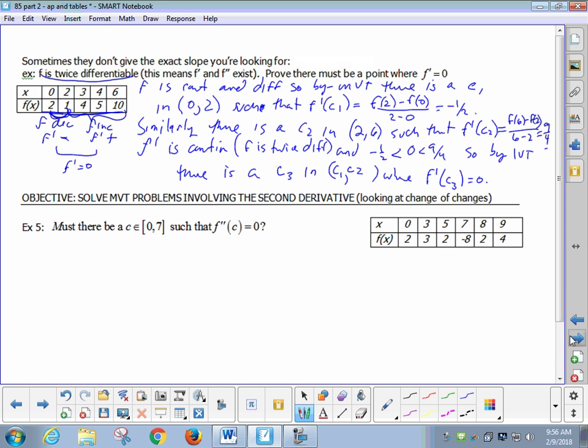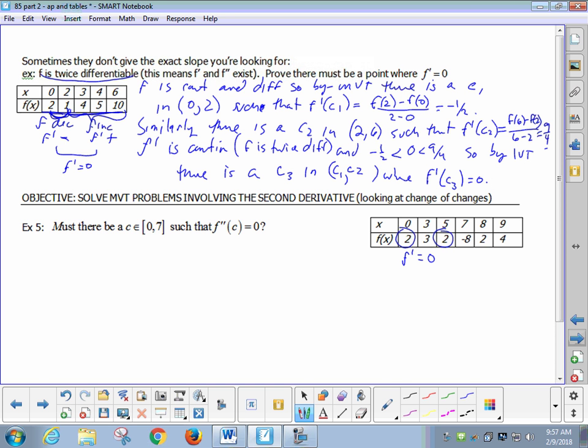See anything good for me? Where should we look? Or what's interesting to you? 0 to 5. Those have the same y value. If they have the same y value, what does that imply? F prime has to equal 0 in there somewhere by Rolle's.